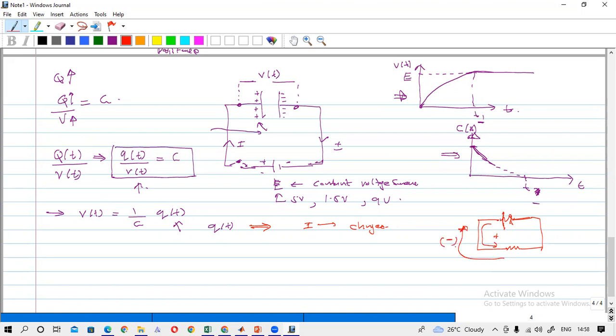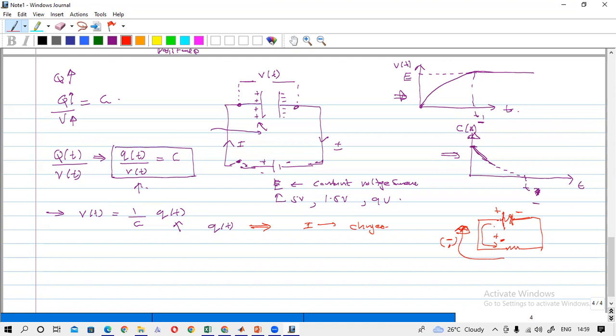The plus value and minus value are the same in magnitude, but the direction is opposite. The plus charge goes from the battery's plus end to the minus end, and the electron flows from the minus terminal to the plus terminal. So the direction is vice versa, but the magnitude is the same.